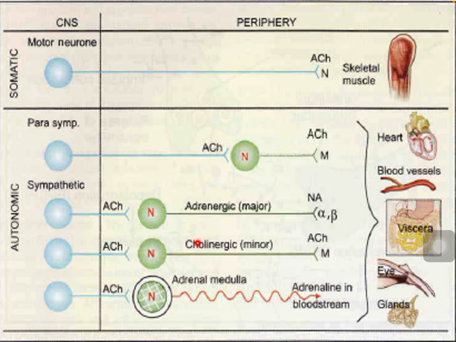Some postganglionic fibers, like those that innervate the sweat glands, the smooth muscles of the skin, and the blood vessels of the skin, release acetylcholine.